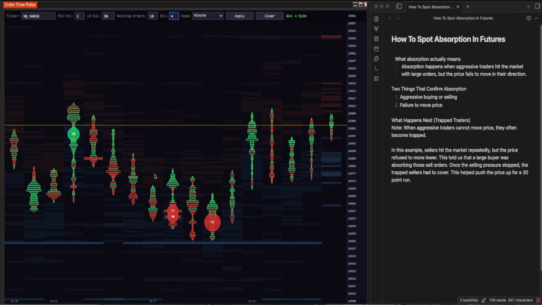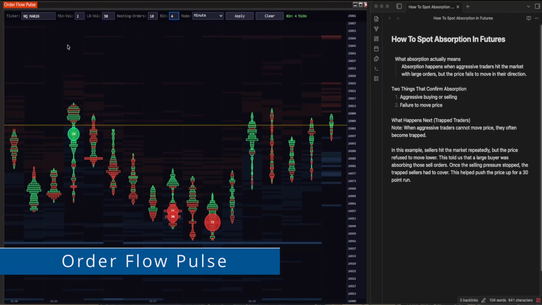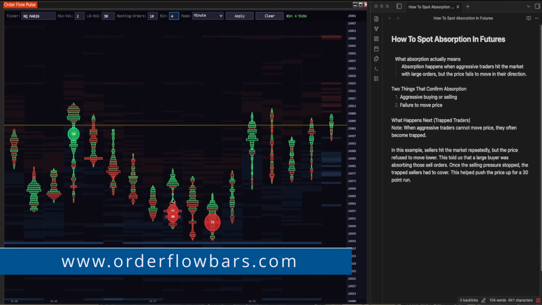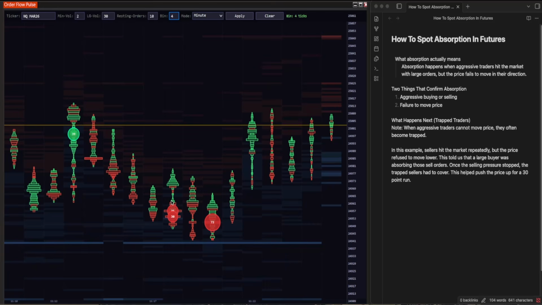This is a screenshot of a 1-minute chart, and I am using Order Flow Pulse. As you can see on this candle right here, this is a 1-minute candle, and this is a custom candle that I have built for the add-on. These red circles right here are large orders.